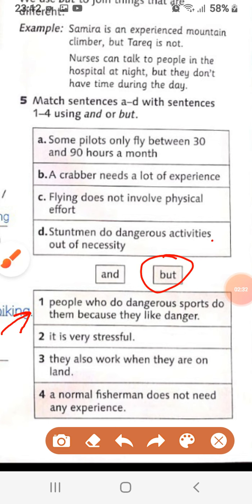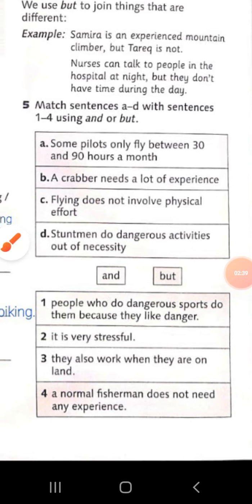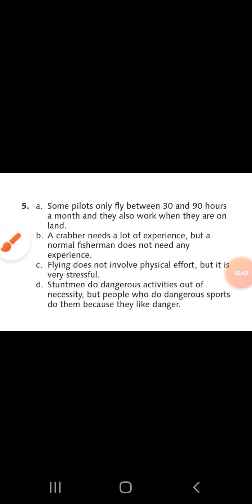So D with number 1 والlinking word اللي عنا إياه هو but. طبعا هدول هم الانسرز على exercise number 5. Okay.